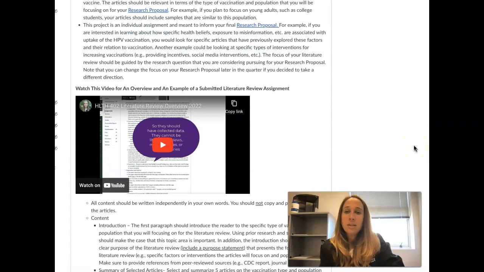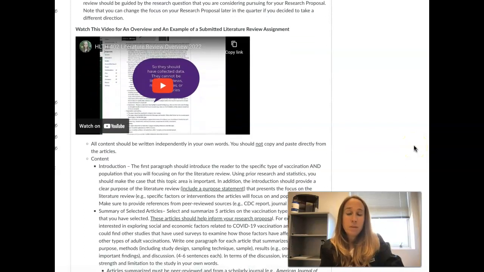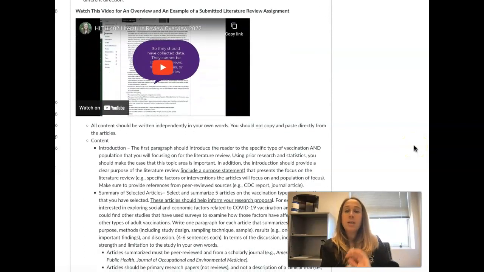So some of the things that I typically see from submissions on this assignment is in the introduction paragraph, you do need a very clear purpose statement. And this is a thing that students often leave out, or it's missing, or it's unclear. So you do need a really, really clear purpose statement that very clearly states the purpose of the paper.